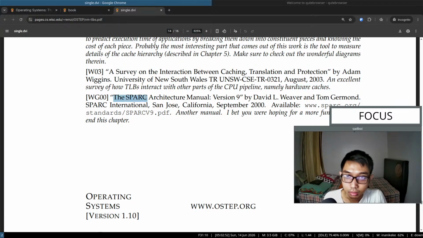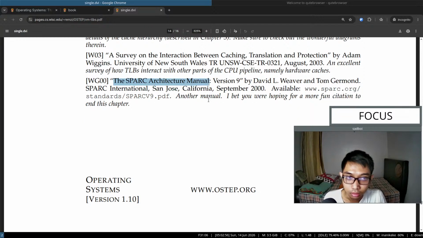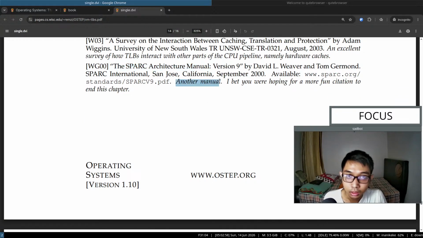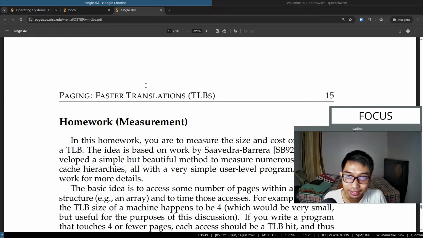Okay, the parts architecture manual, another manual. I bet you were hoping for a more fun citation to end this chapter.